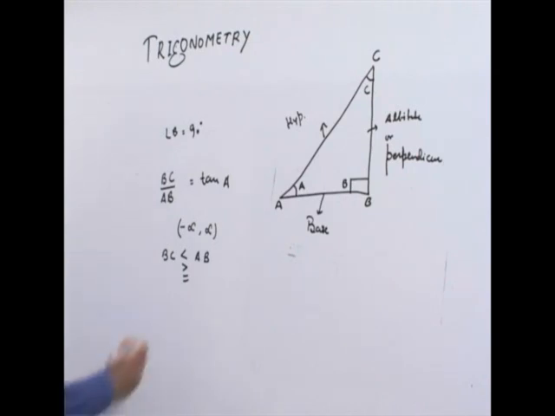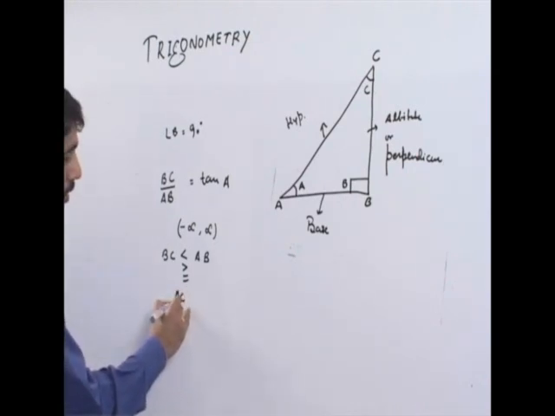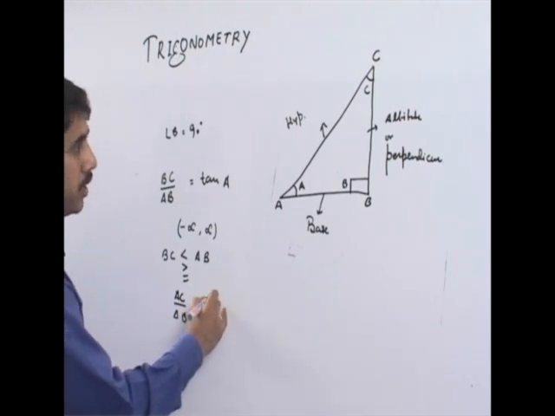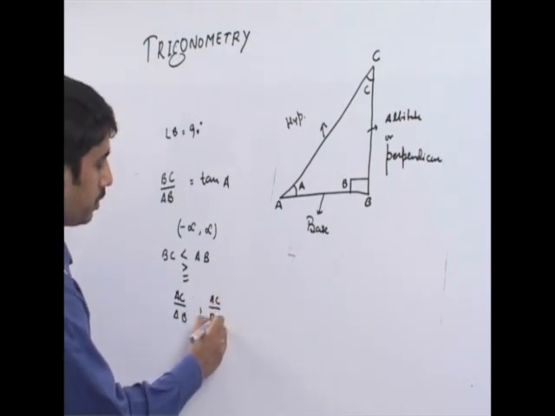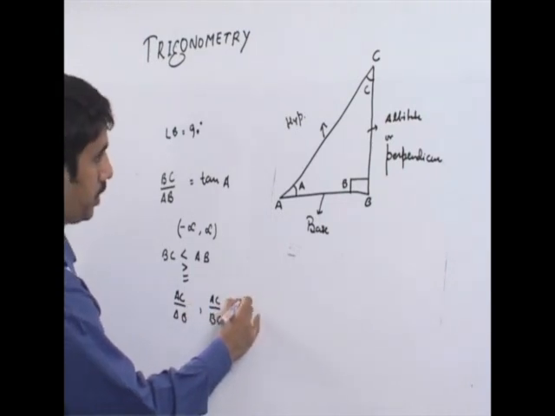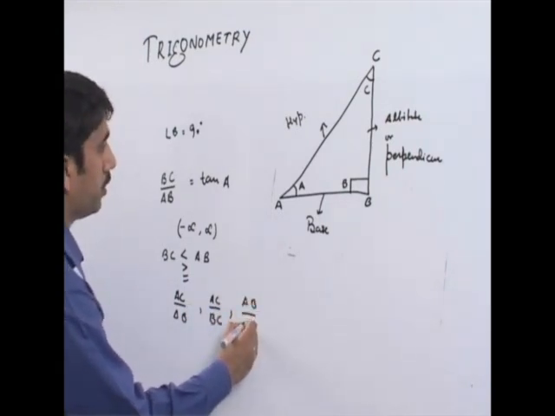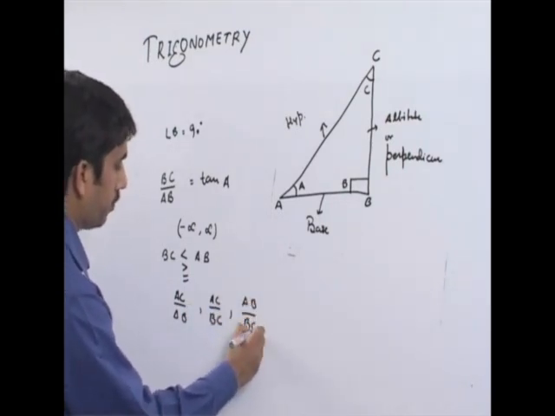In a similar pattern, we can take the ratios AC over AB, AC over BC, and AB over BC.